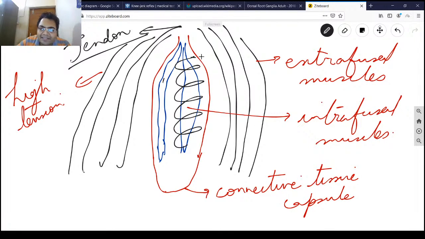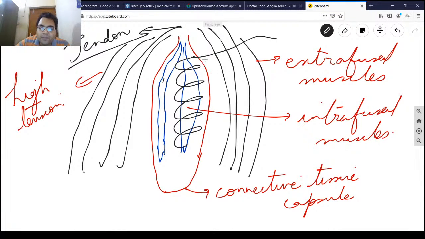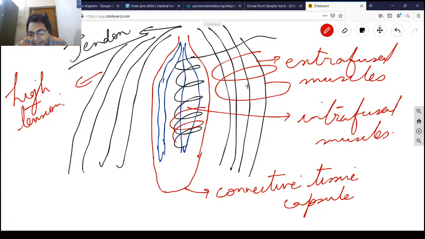So now this sensory muscle fiber will go down this route, and the motor nerve will come and wrap around the extrafusal. Motor nerve will wrap around the extrafusal also, and some motor nerve around the intrafusal also, and then they'll make it contract.